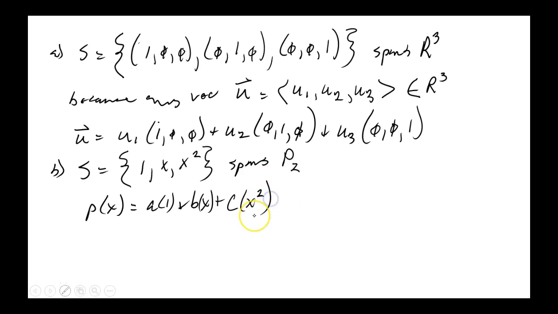Writing it that way, any polynomial in P2, degree 2 or less, can be written as a linear combination: A times this vector, think of that as a vector now, a polynomial, B times that one, C times that one. Any polynomial, AX plus CX squared plus BX plus A, can be written as a linear combination.